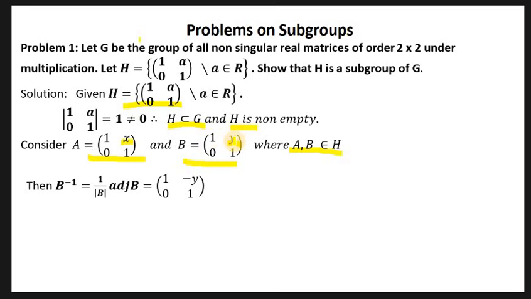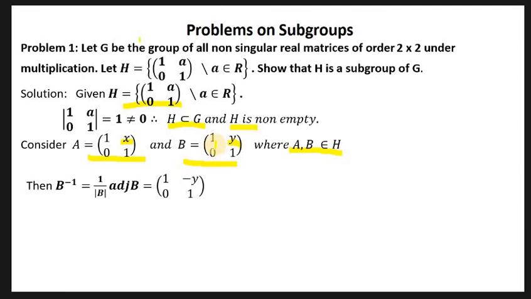First row, second element: 1 plus 2 is 3, so it is negative. Second row, first element: 2 plus 1 is 3, again odd, so this is also negative. Second row, second element is positive. So in our cofactor matrix, we get the signs positive, negative, negative, positive.